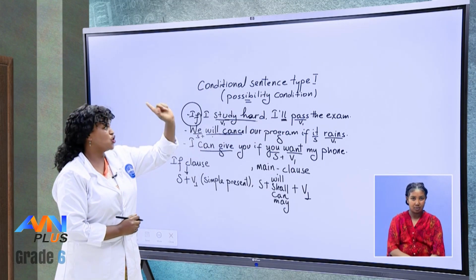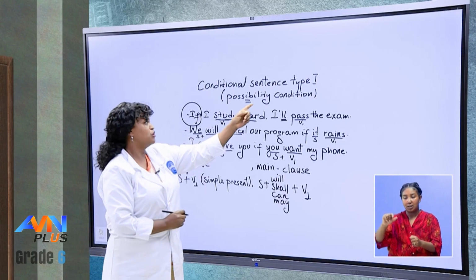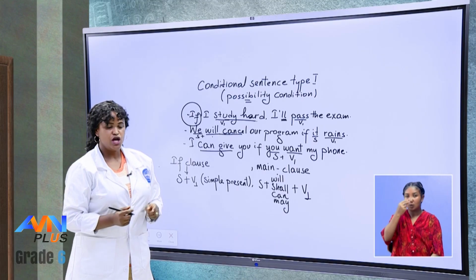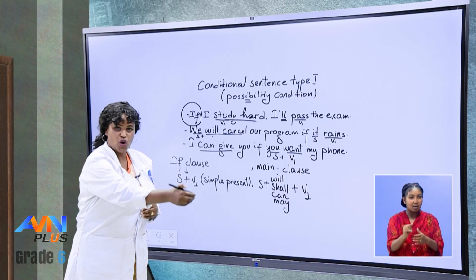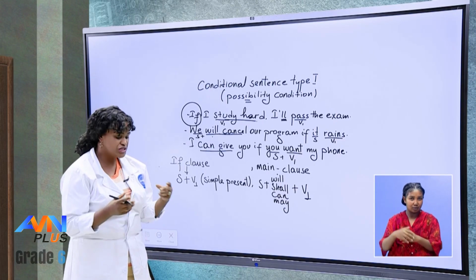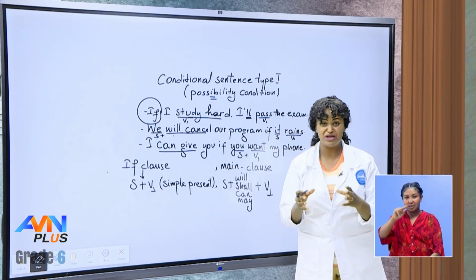We also call it what? Possibility. I want you to focus on the word possibility. Why? Because, look, when you do something, there is a possibility for the result to happen in the future. When we say possibility condition, try to understand the meaning, all right?